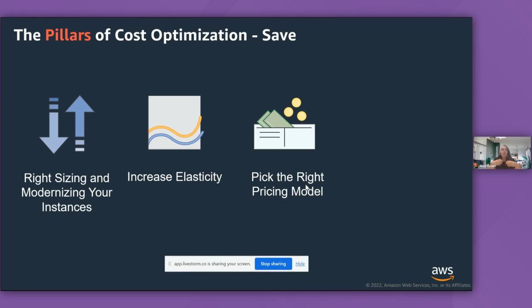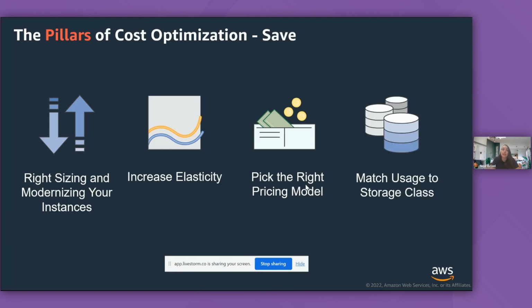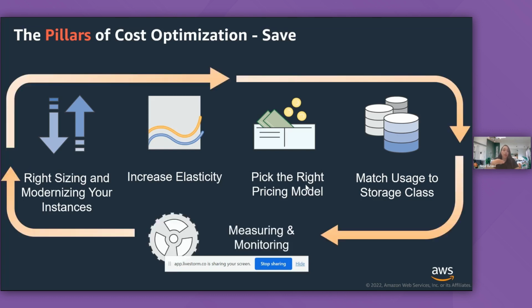In order for us to even start doing cost optimization, we need to know what we are being charged for. And the last thing is to match our usage to storage classes with, for example, our storage S3, where we can use different tiers and run more efficiently and save money. All of those actions we're going to do constantly, monitoring and tracking it, and it's not a one-time action.